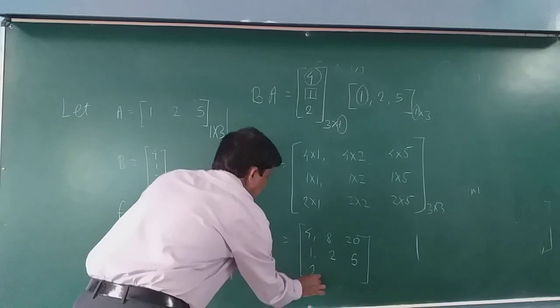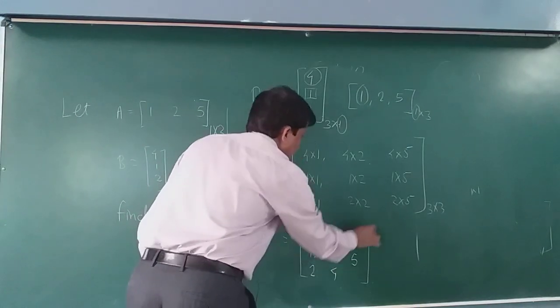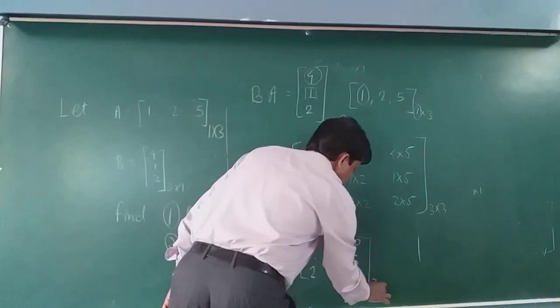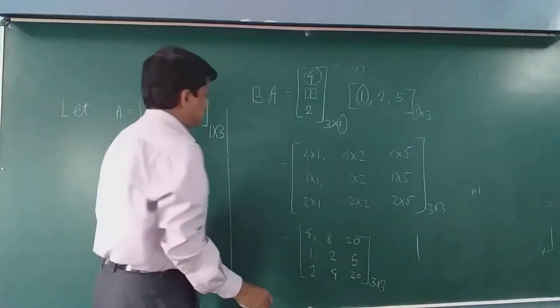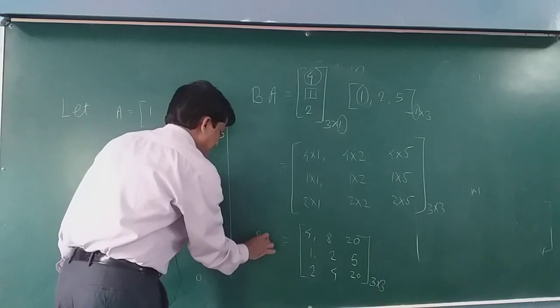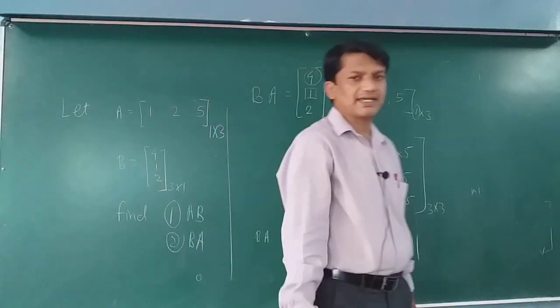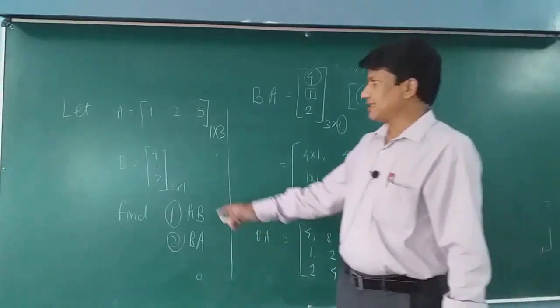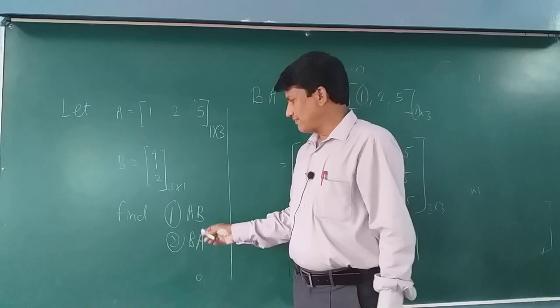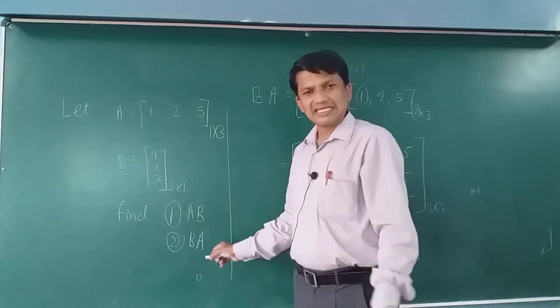Here 2, here 4, here 10. The order will be 3 by 3, and this is the product BA. Thus we get the product BA. Just the same example: A matrix given, B matrix given, and we have to find AB as well as BA.